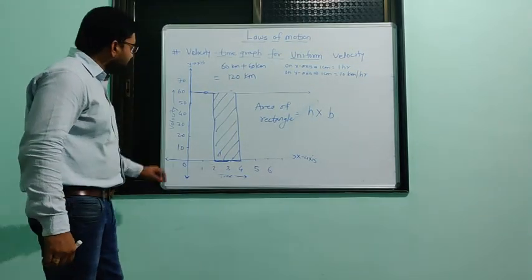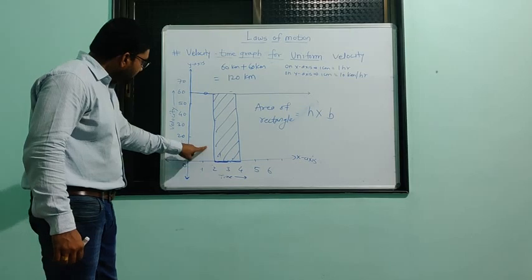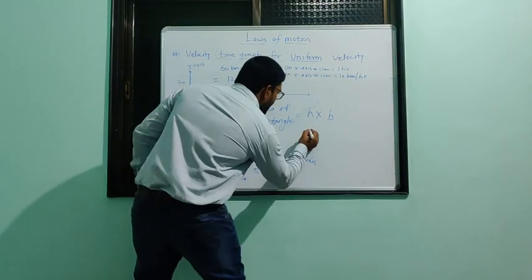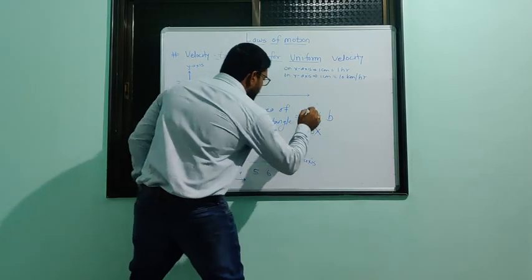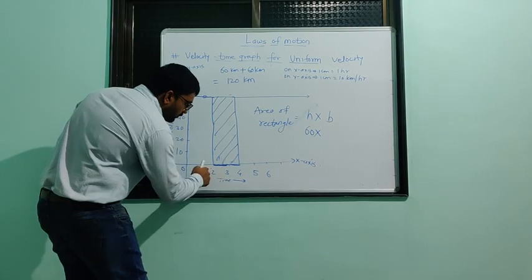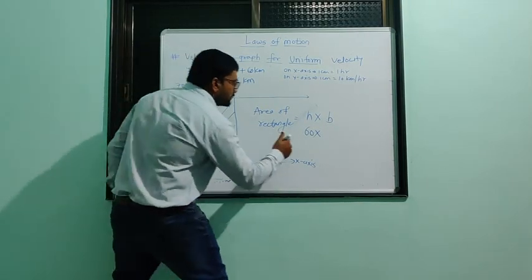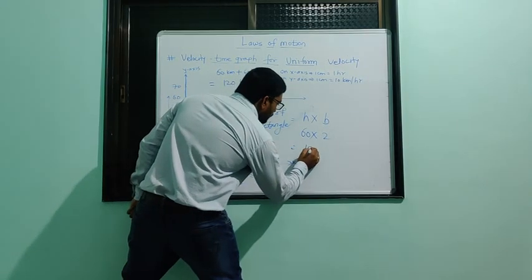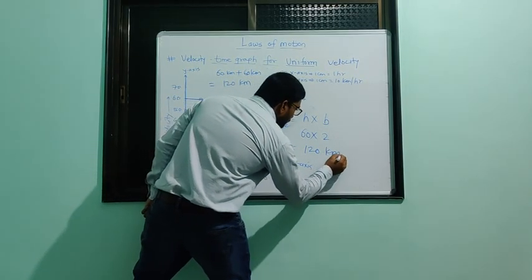So how much is the height? Height is 60. Into breadth: from 2 to 4, 4 minus 2 is 2. So 60 into 2 is 120 kilometer.